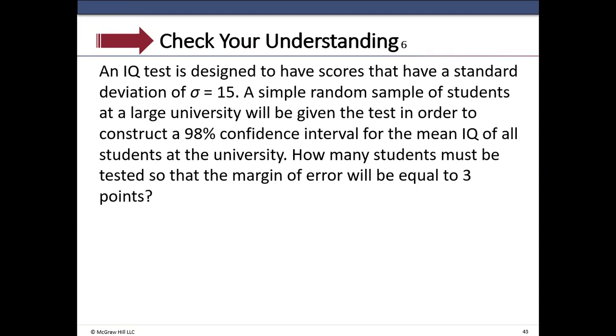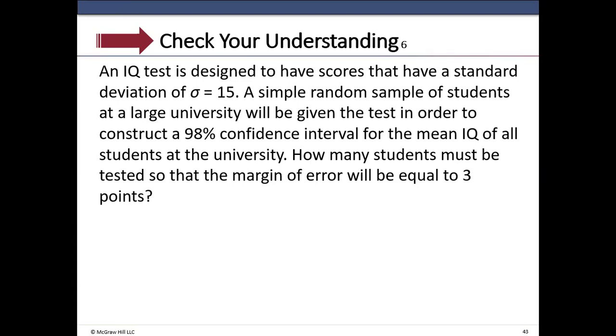The challenging thing in the problem is to calculate the critical value of Z for a 98% confidence interval. I just want to remind you, 98% confidence level means the area in the center under the distribution is 0.98. Total area is 1, so the area in the two tails is 1 minus 0.98, which is 0.02.